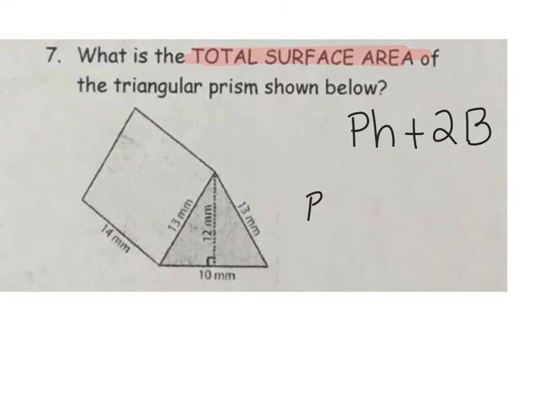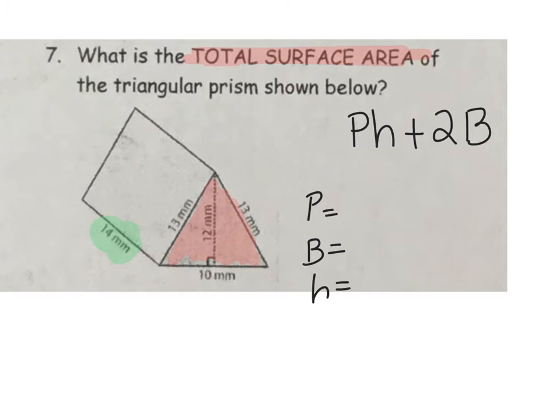So we're going to need the perimeter of the base, the area of the base, and the height of the prism. So let's start highlighting what we're going to use in this drawing. I know that this is my base that I'm going to use. And so if that's my base, then this 14 measurement is going to be my height.